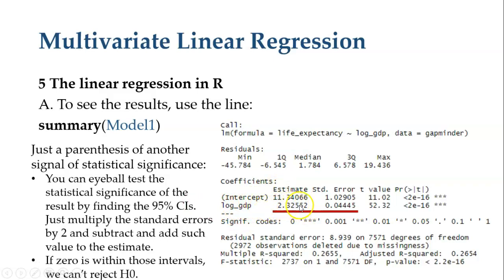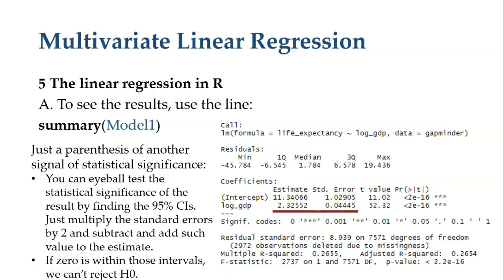And if we have 0 within that interval of the 95% confidence intervals, we have problems. We cannot reject the null hypothesis. But in this case, you can see that there's no problem at all. Okay, so the 2 confidence boundaries will be above 0, so you're gonna be fine.